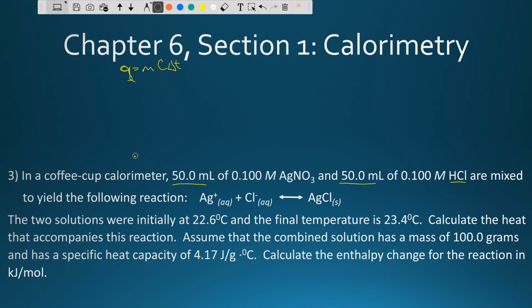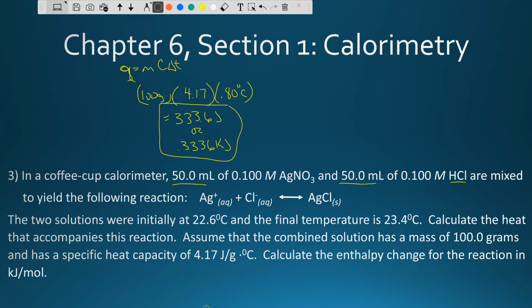So I have 100 grams total, I get the 4.17 for my specific heat, and the change is going to be 0.80 degrees Celsius. I end up with 333.6 joules, the same thing as 0.3336 kilojoules.